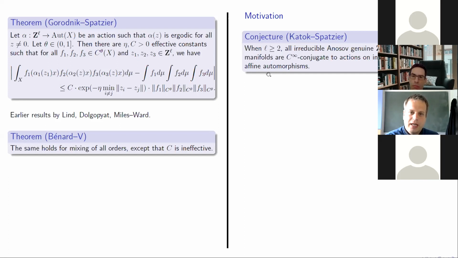It means that you are allowed to apply an automorphism, and after that you are allowed to apply a translation with your nilpotent group. So in the torus case, it means that you can apply these elements of GL_d(Z), and you can also apply a translation in some direction.